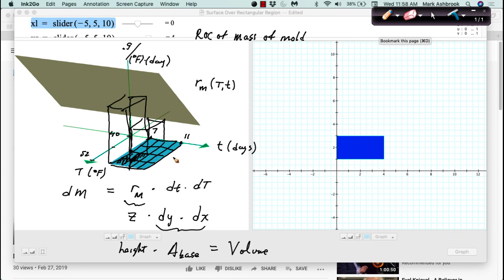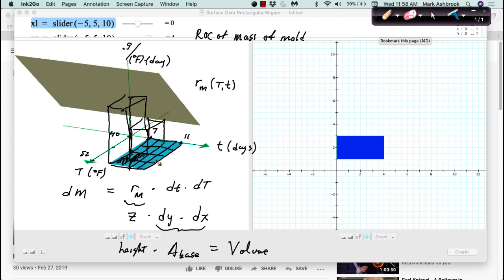What is it that we're doing a better job estimating when we make a finer partition and imagine more and more skinnier, taller rectangles that we're adding up the volumes of? What's that? Yeah, it's going to be a better and better estimate of the volume of the whole, right?